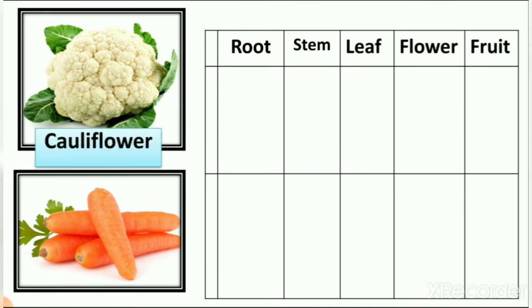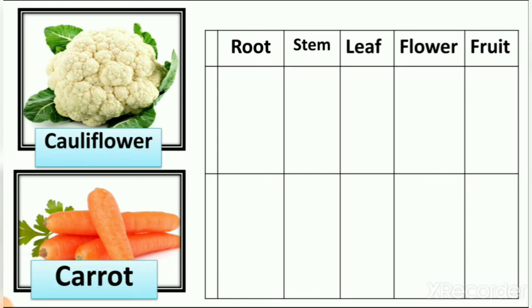First is cauliflower and second is carrot. So we learn about these two vegetables, right? First is cauliflower, second is carrot. So let's see which part of the plant it is. Root and stem and leaf and flower and fruit.